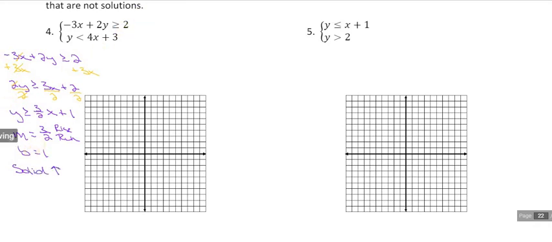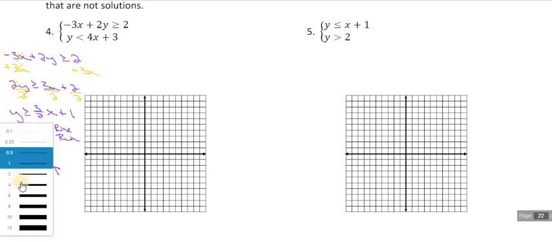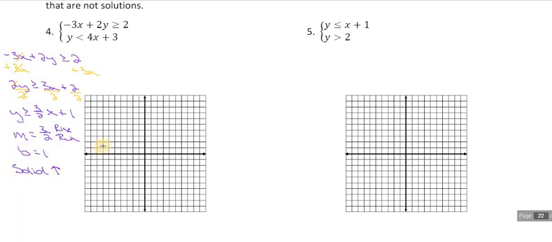So let's get our plotting tools ready. The y-intercept of 1, on the y-axis at 1, plot the point. Now we're going to rise 3, run 2. Rise 3, run 2. Could also go down 3, left 2.